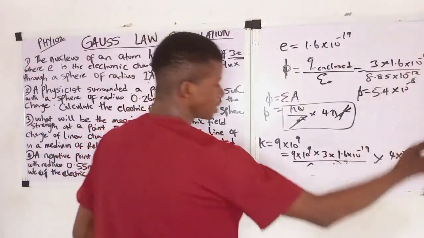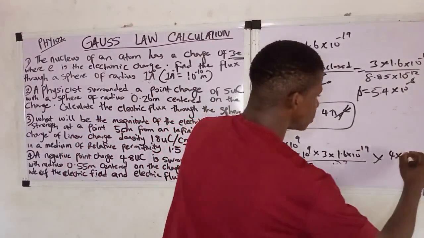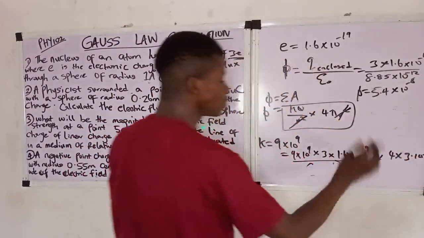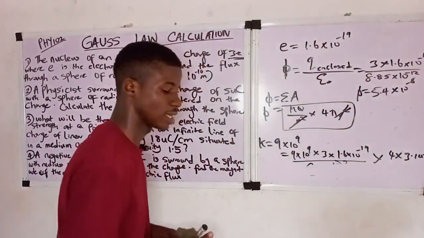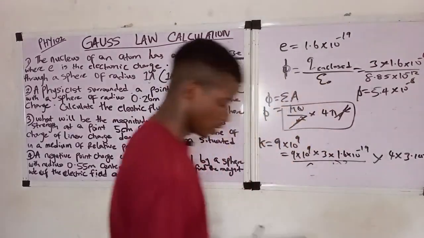So let's multiply everything. Remember, pi is 3.142. If we do everything, we still arrive at the same answer. So let's just do it.